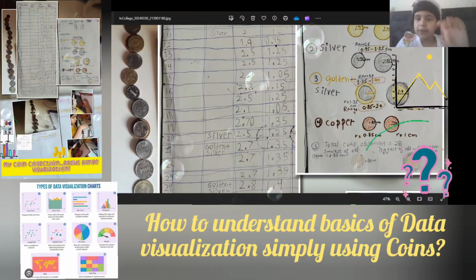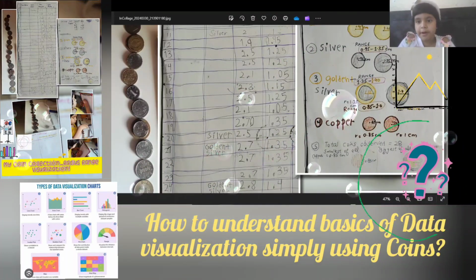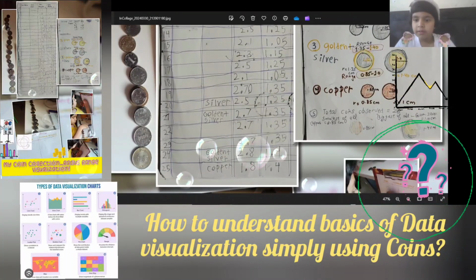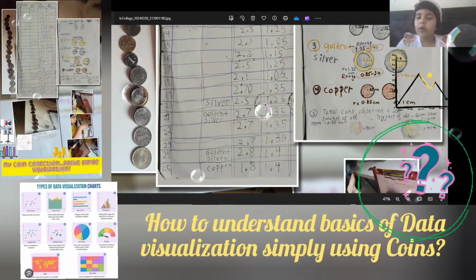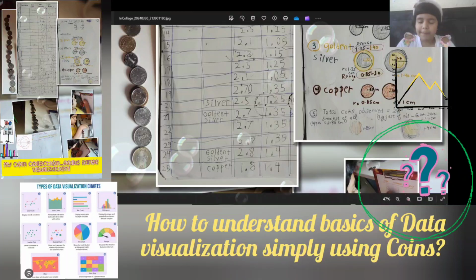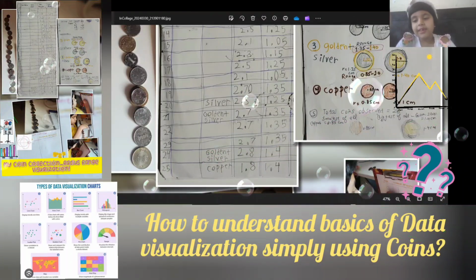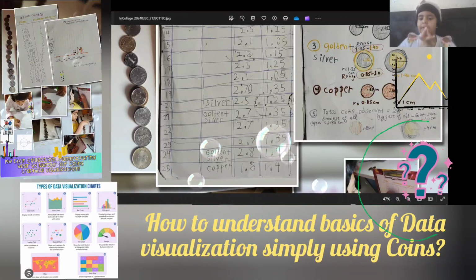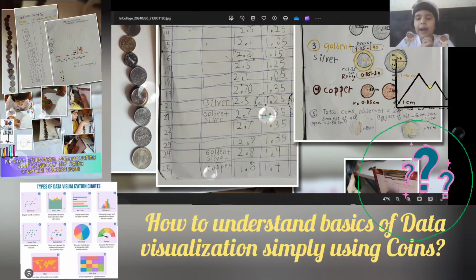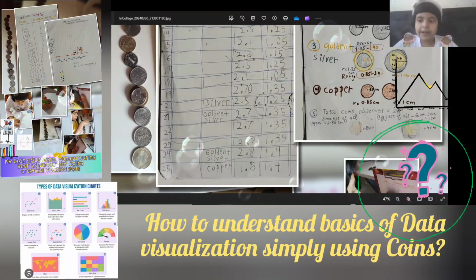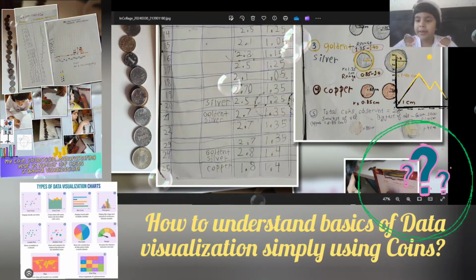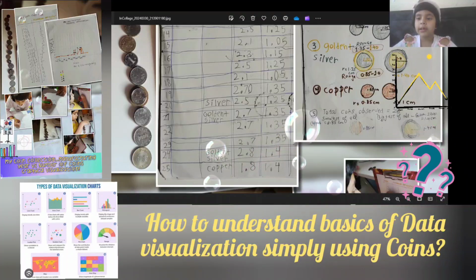Like that, it will be going for silver, golden silver, and copper. So the total coins I observed is 28. The smallest out of all of them is 0.85 centimeters of copper, and the biggest of all is golden silver, 1.4 centimeters.